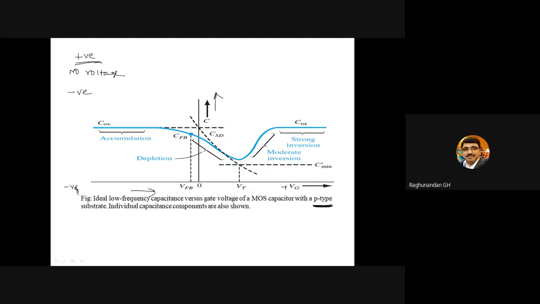When you apply plus Vg, when you apply positive gate voltage in the p-type material, what kind of charges will be attracted towards the gate? I'm applying positive gate voltage.